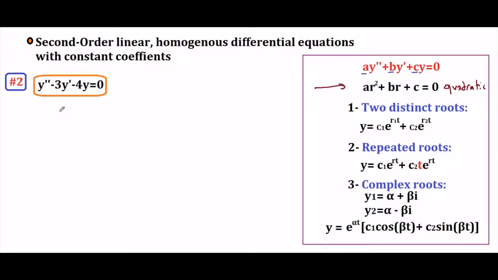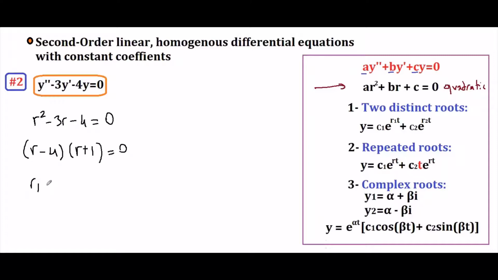Number 2 is y double prime minus 3y prime minus 4y equals 0. Our first step is to convert into the characteristic equation: r squared minus 3r minus 4 equals 0. Then we solve this quadratic, so it's r minus 4 times r plus 1, two numbers that multiply to the c term, which is -4, and add up to the b term, which is -3.